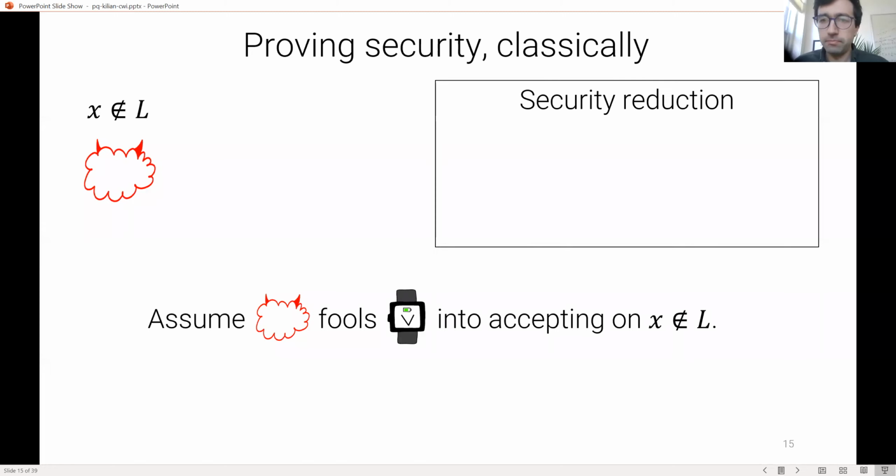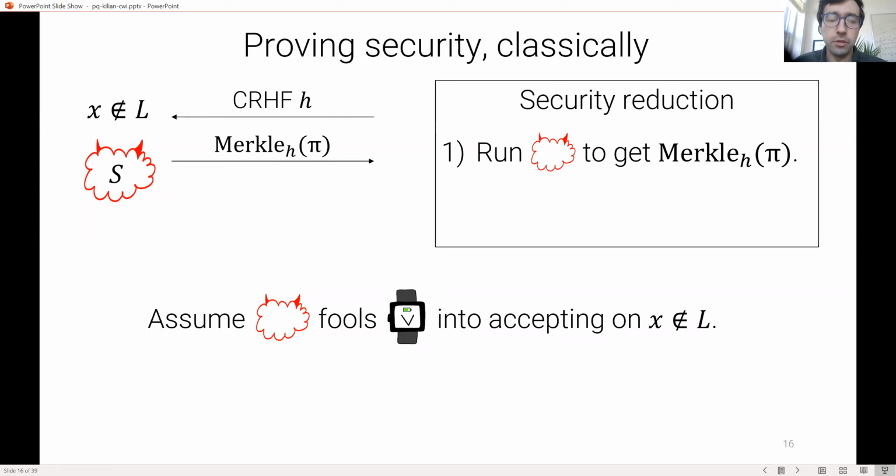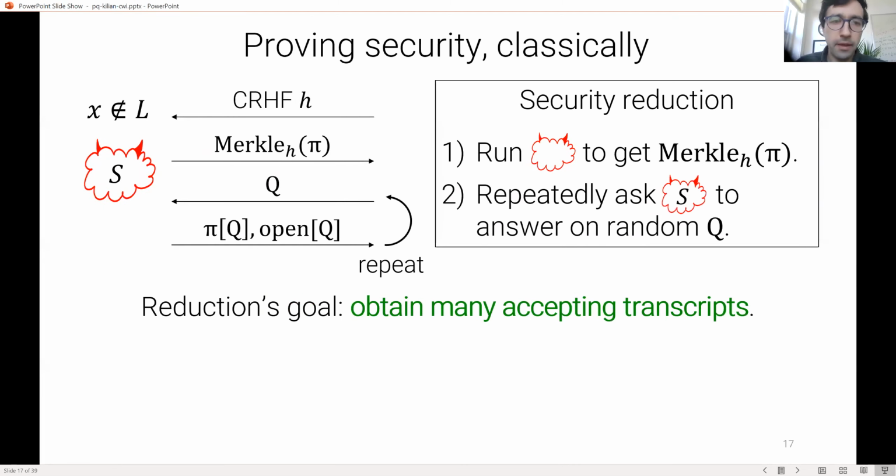Okay, so how do we prove security in the classical setting for this protocol? So what you do is you have this adversary, and you run the adversary by sending him a random CRHF, and he gives you back a commitment to the proof string that he's committing to, and then he has some intermediate state S that you save.